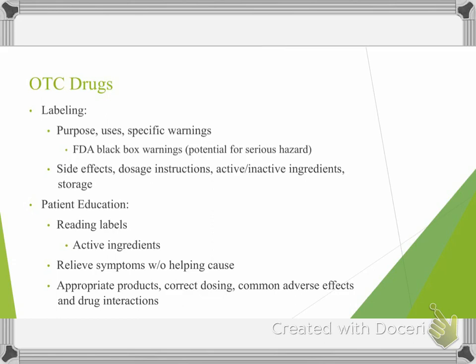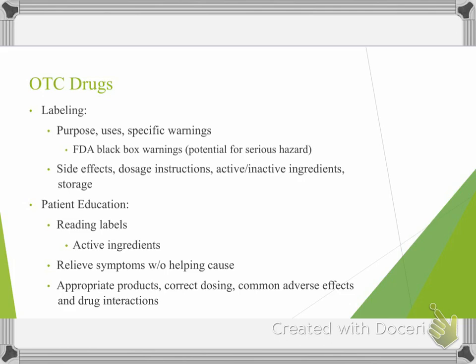Over-the-counter drugs, their labels must have the purpose, the use, and specific warnings. FDA black box warnings state that there's a potential for serious hazard. It indicates that there's evidence of an association of a serious hazard with the drug, and it's required.